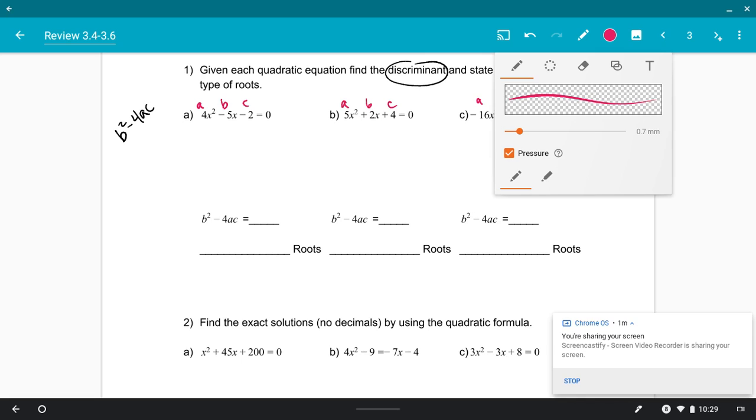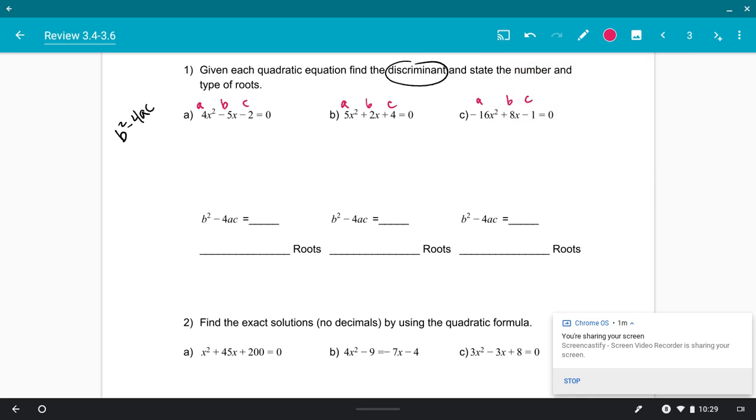So, the discriminant in this one is going to be b squared minus 4ac, which is 25 minus 16 times 2 is 32, and then it's going to become positive because this is negative times negative.